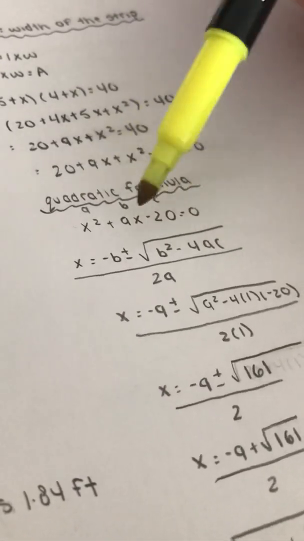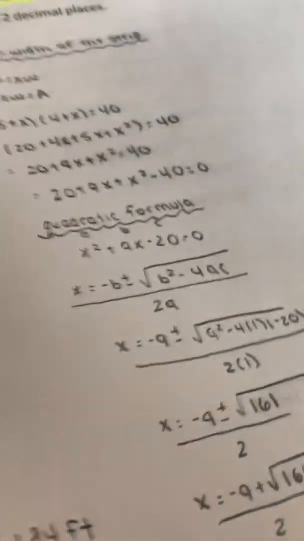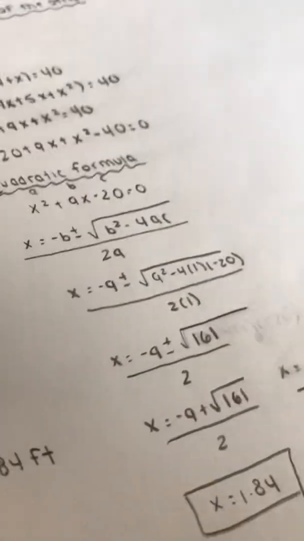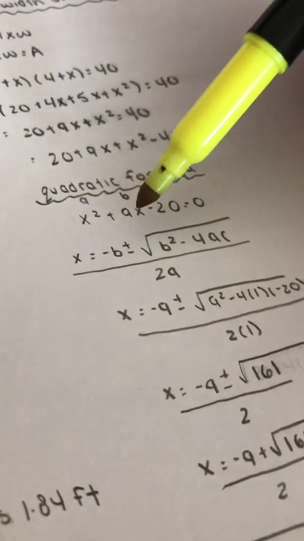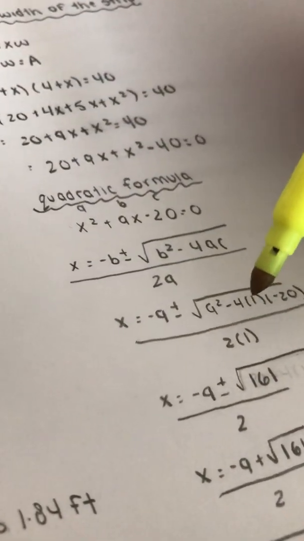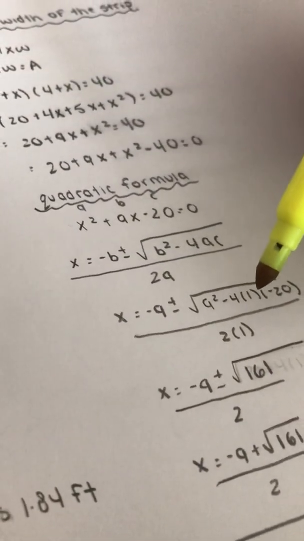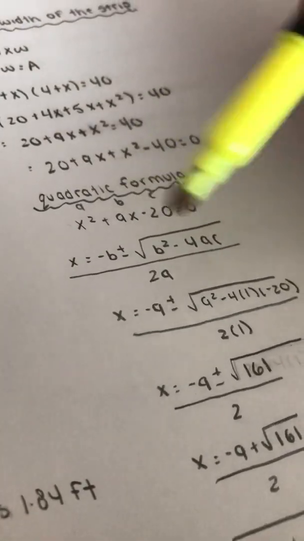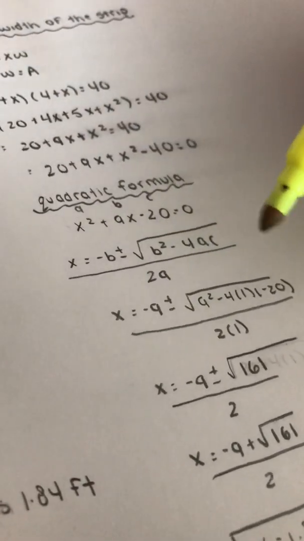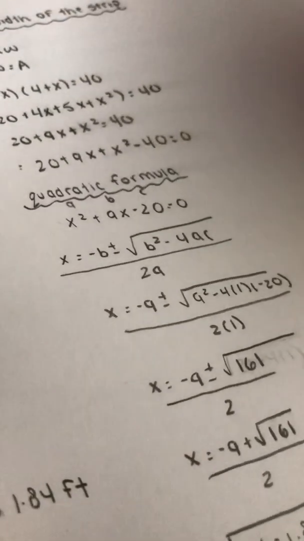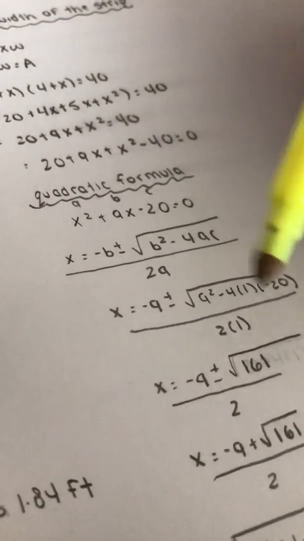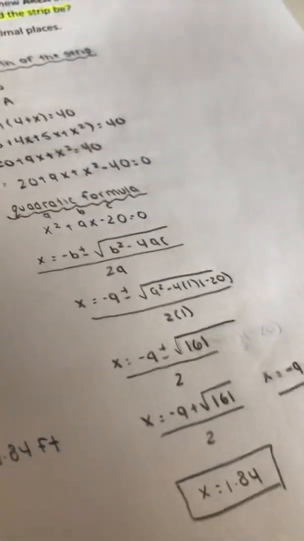So we have negative b, so negative 9, plus or minus the square root of b, which is 9 squared, minus 4 times a, which we know to be 1, multiplied by c, which is negative 20, all over 2a, which is 2.